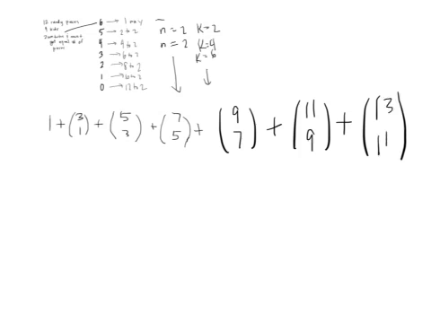And this is 6 candies, and then 5 candies, 4 candies, 3 candies, 2 candies, 1 candy, 0 candies to the twins, respectively.